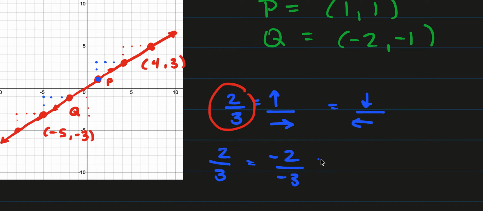And so this would switch the sign of up to down, and this would switch the sign to left. So that's just how you can keep these straight. You can always think of it as, if I have a positive slope, I should always be going up and to the right. And if I have a negative slope, I can go up and to the left or down and to the right and stuff like that.